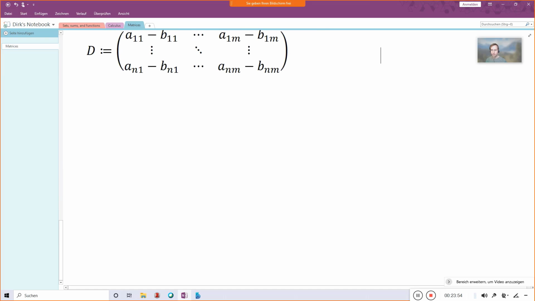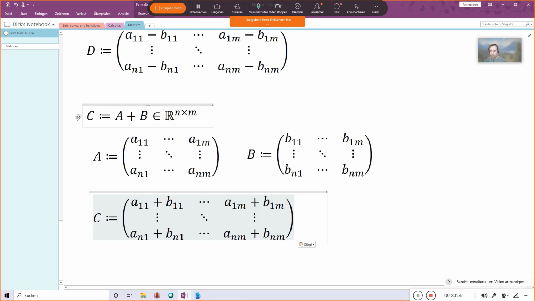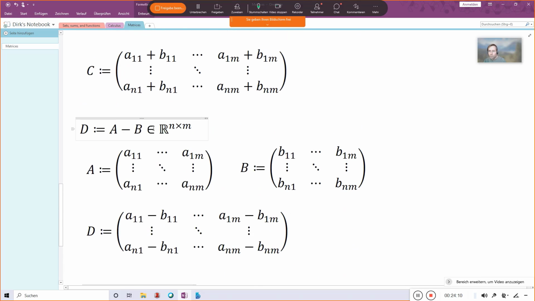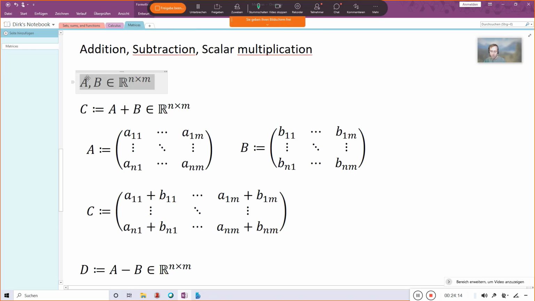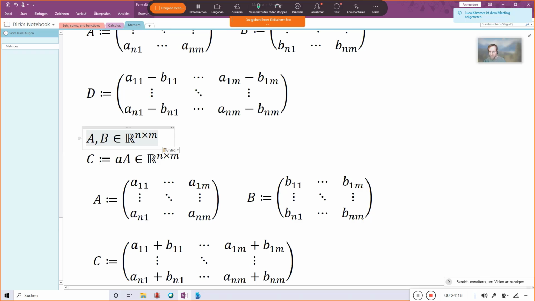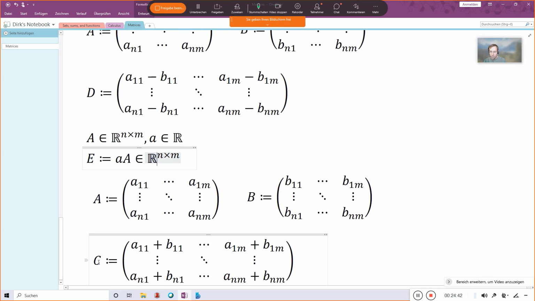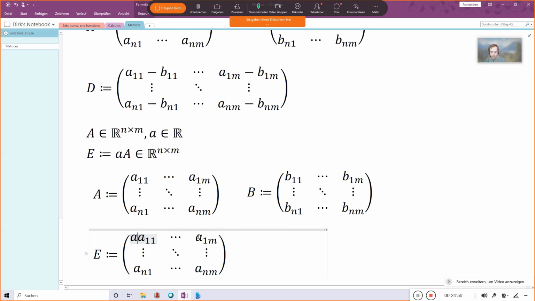So if we have a matrix A, which is n times n dimensional, and we have a scalar, so just a real number, then we can define a matrix, let's call that E, as small a times big A, which is again n times n dimensional, and is evaluated by multiplying each of the elements in the matrix A by the scalar.